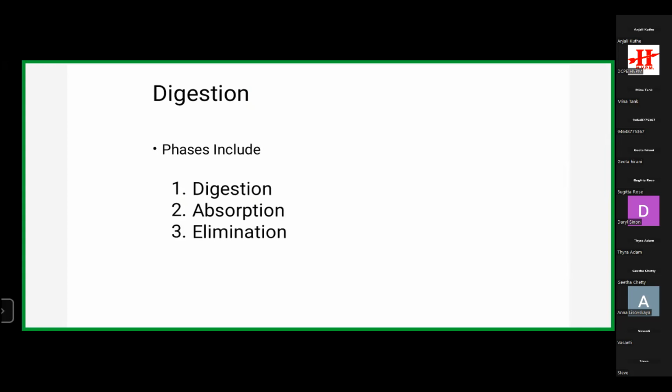This is the main aim, to transform the food into a simple form so that our intestines, particularly the small intestine, are ready to absorb the nutrients.